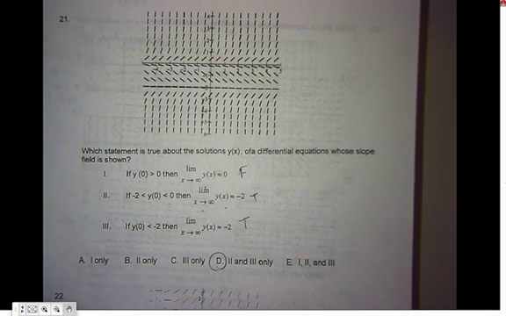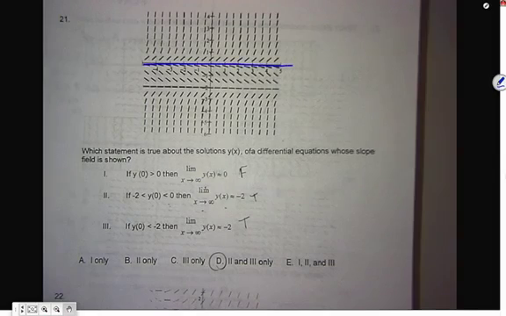This is a very interesting looking slope field. They want us to see what's true and false, so let's go through them. If y of 0 is greater than 0, we have to make sense of what this graph looks like. Here's the x-axis, and this is the y-axis by looking at the numbers.